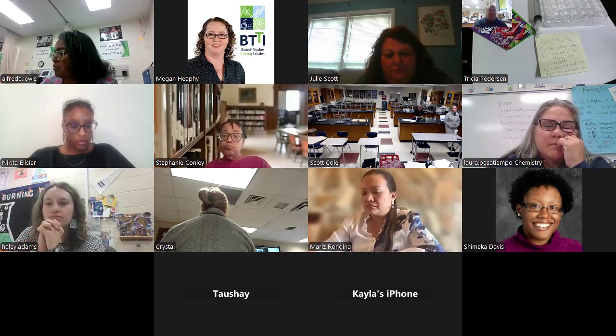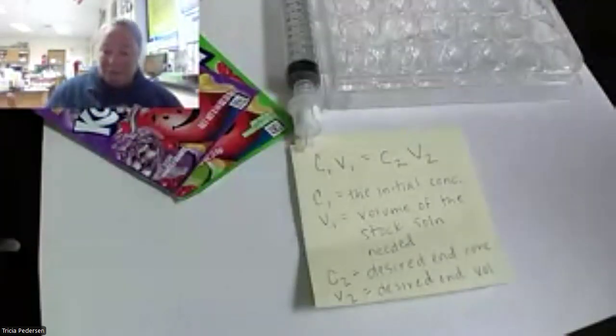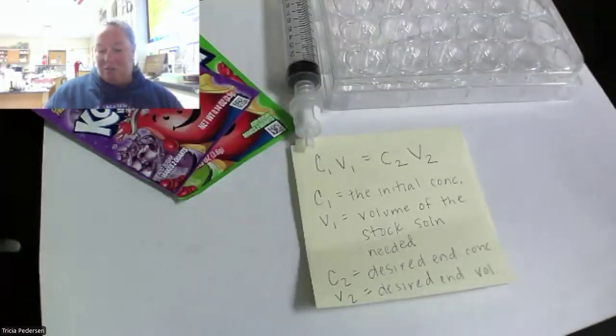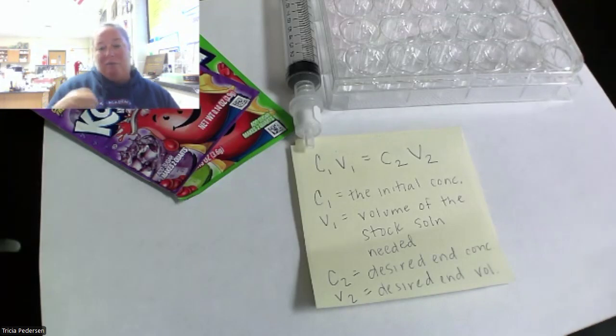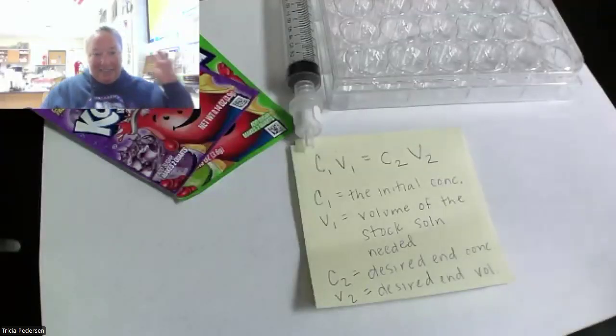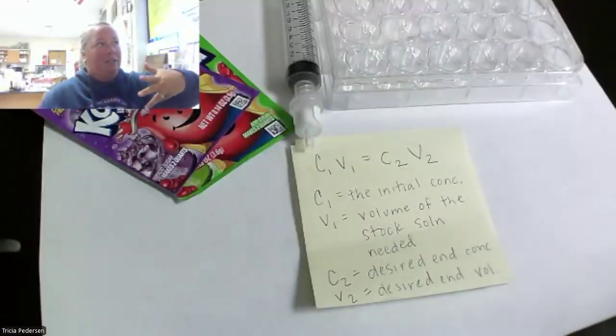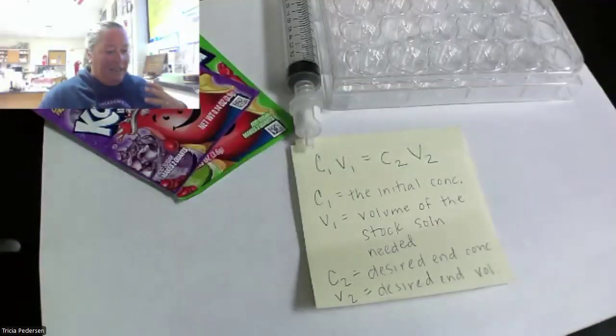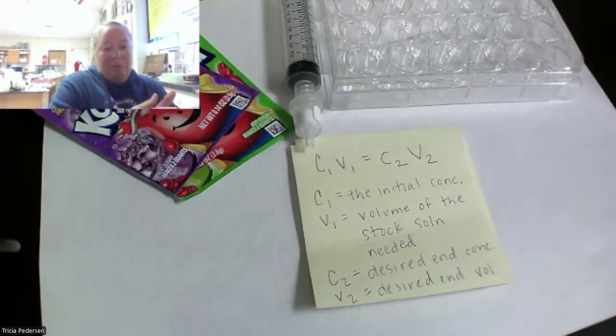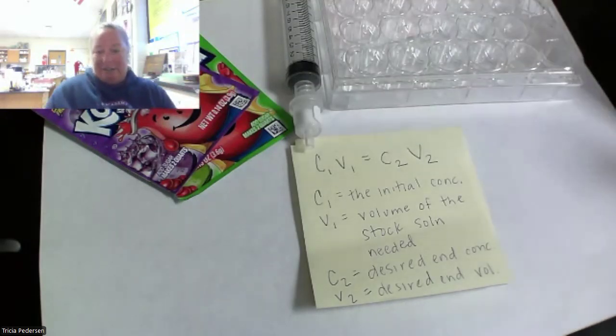So in 2 weeks, for any kind of solution that you have, you're going to have what we call a 50x TAE solution, and you're going to need to dilute that down to a 1x. 50x is way more concentrated than 1x, so you have to dilute it.